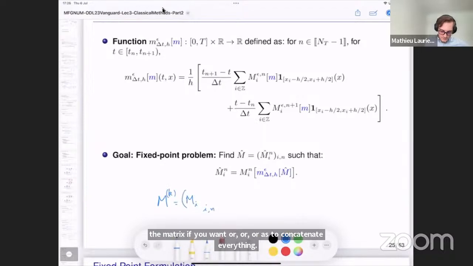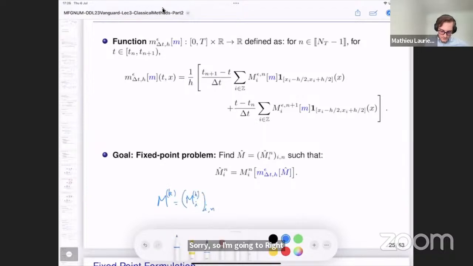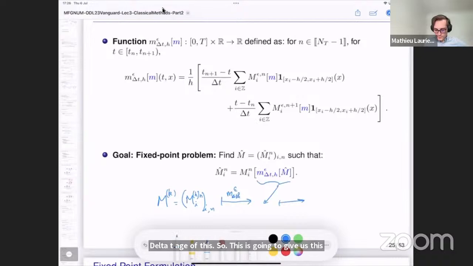So I'm going to write it in this way, m k n. Then what you do is you compute m epsilon delta t h of this. So this is going to give us this component. And after that, you get m k+1 from here.